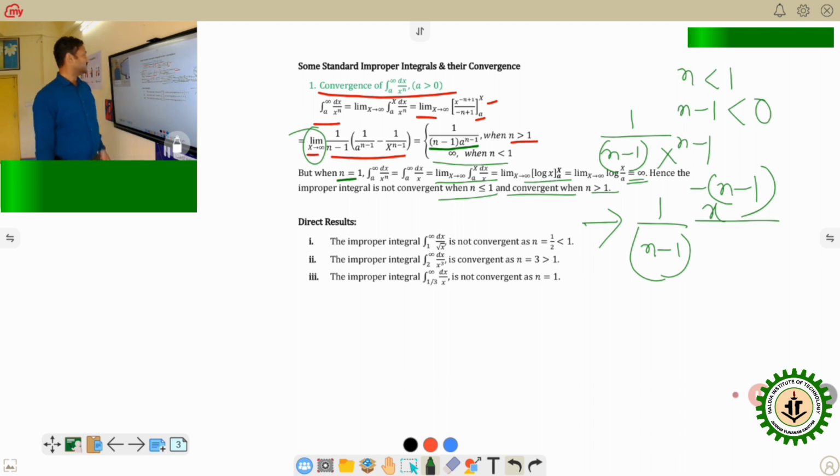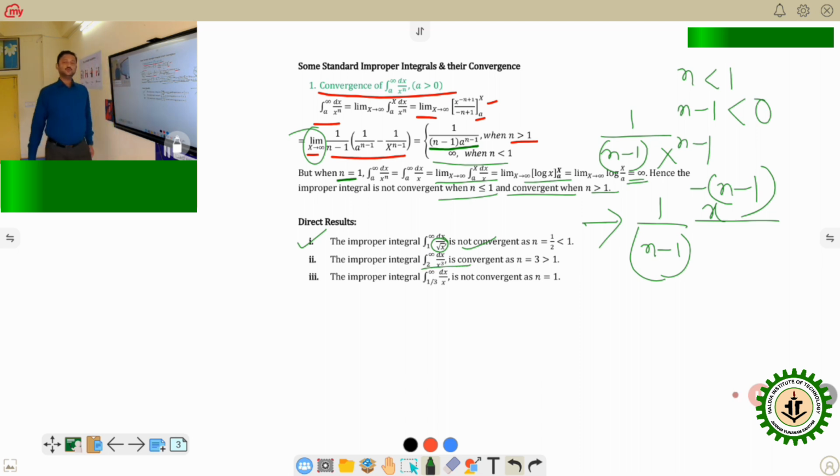Now, with the application of this particular result, we can quickly find the convergence of some types of integrals. Like the first one, the improper integral from 1 to infinity of dx by root under x. You see, the power of x is 1 by 2, and since it is less than 1, this integral will not be convergent.